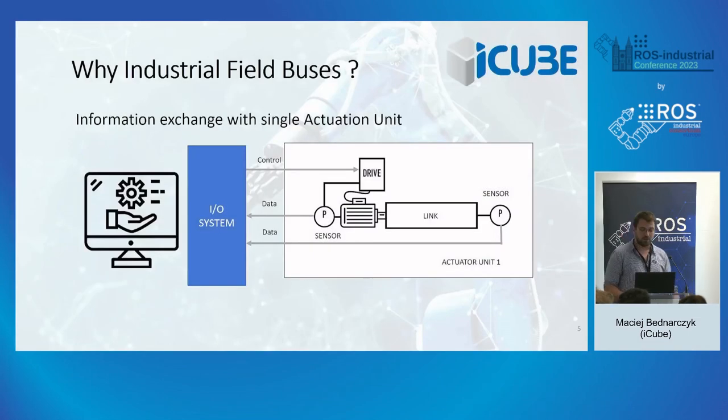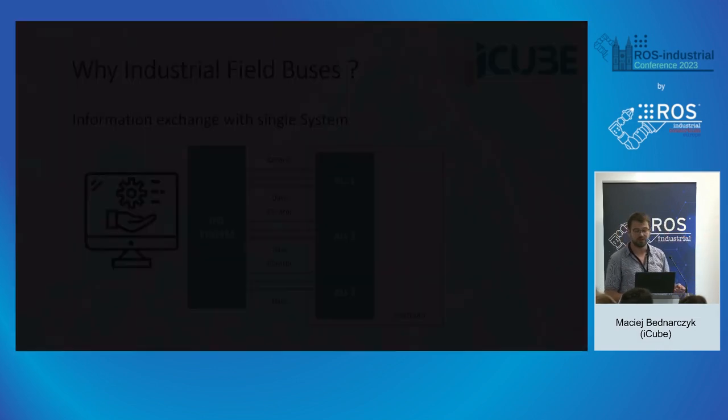Also, in the case of complex systems, it is very interesting as it allows us to reduce the size of our data acquisition system. For example, if you have a classical actuation unit made of a link controlled by a motor and some sensors, in this case you would need at least 3 channels to be able to control your system. So you would need 3 I/O channels to control this one actuation unit.